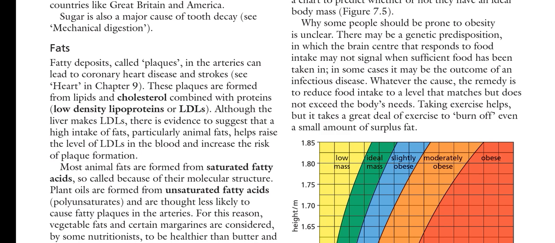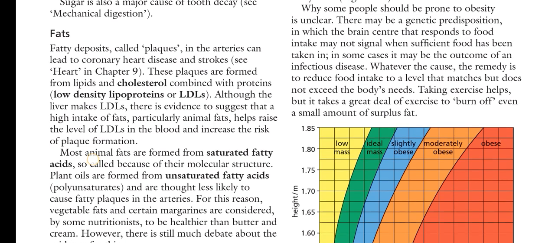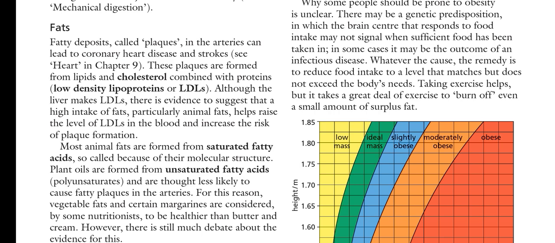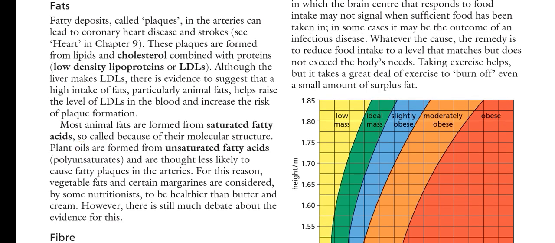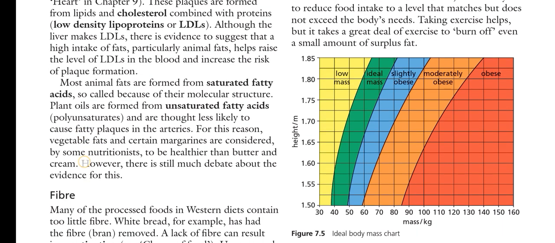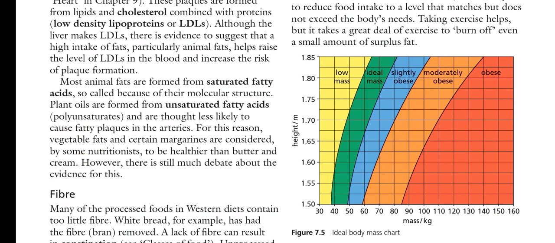These plaques are formed from lipid and cholesterol combined with proteins, where the LDL is the low density lipoproteins. Although the liver makes LDL, there is evidence to suggest that a high intake of fat, particularly animal fat, helps to raise the level of LDL in the blood and increase the risk of plaque formation.